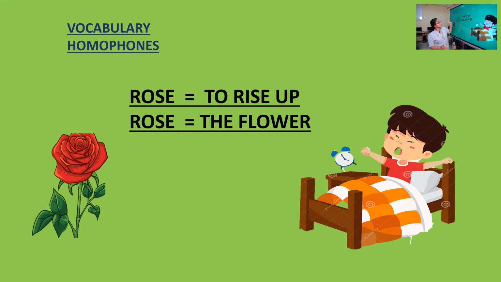Rose, rose. So rose, which means to rise up, and rose, the flower. They are called homophones. Okay. Then I'll give you one more example. That's also there from your text.